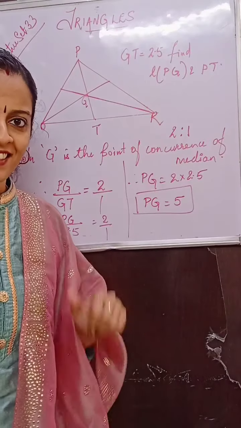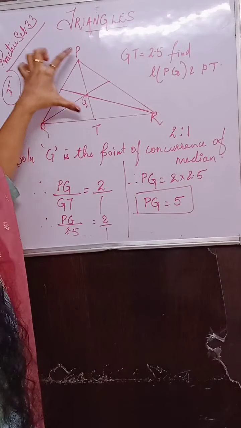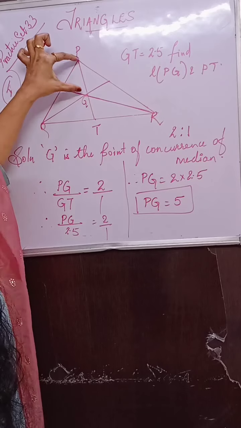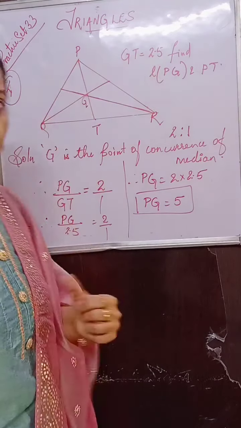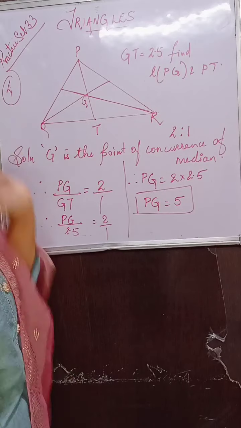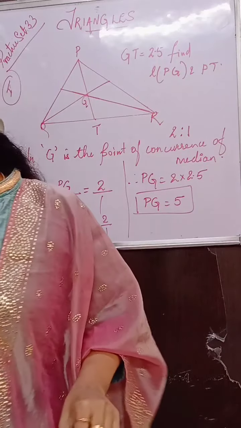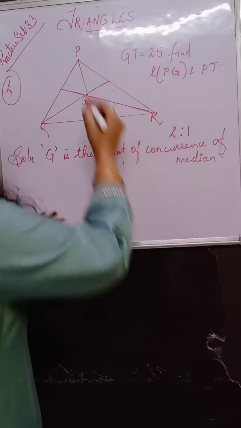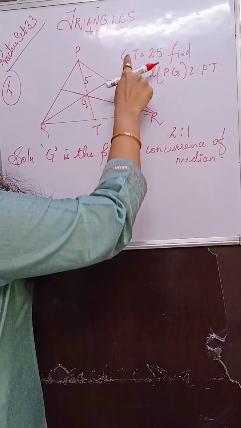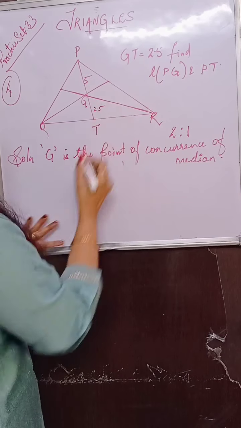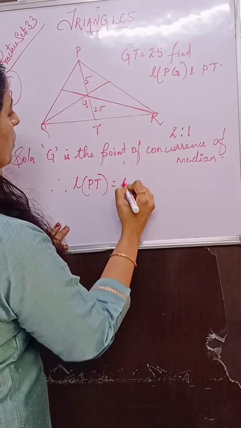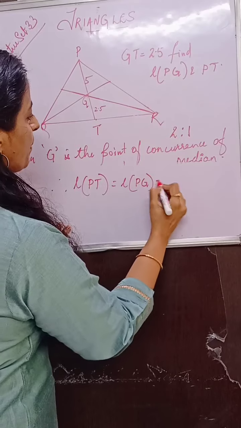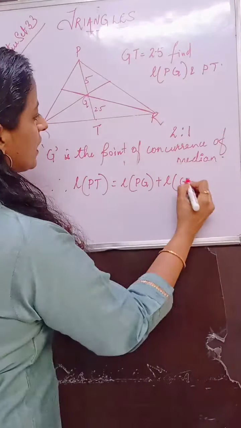First answer done. Next we want PT, the whole thing. PG we got it as 5. GT we know it is 2.5. So how much will be PT? Add. PG we got 5. So let me write here 5. GT we have 2.5. So therefore length of PT is equal to length of PG plus length of GT.